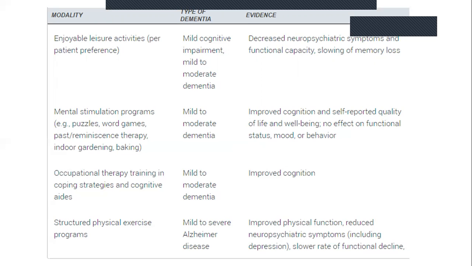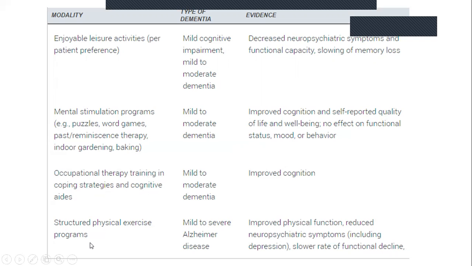So all this will help in improving their cognition, that is improving their memory. And occupational therapy and training in coping strategies and cognitive aids. So it is also used for mild to moderate. So it also helps in improved cognition.